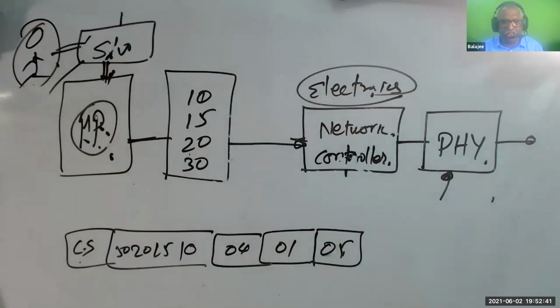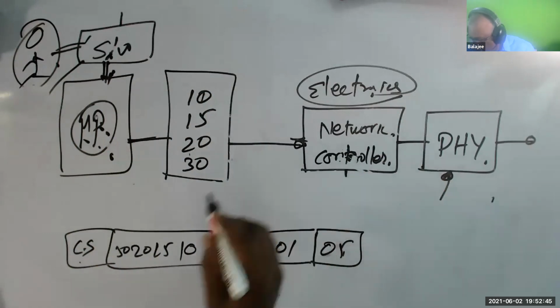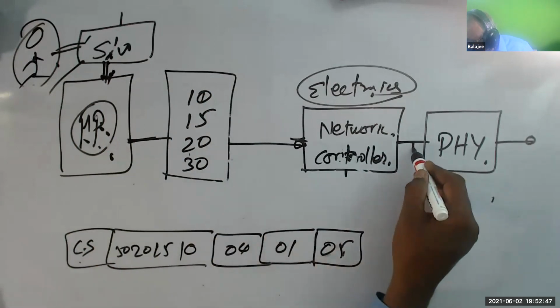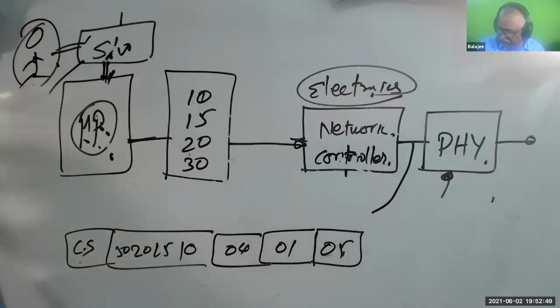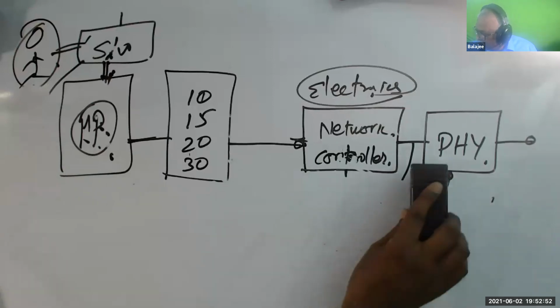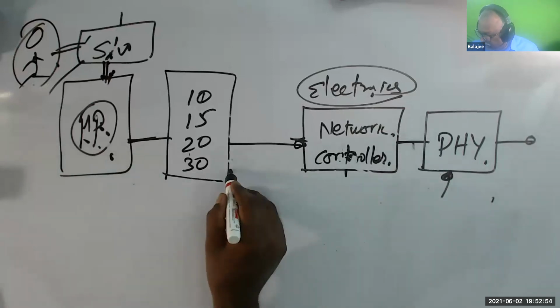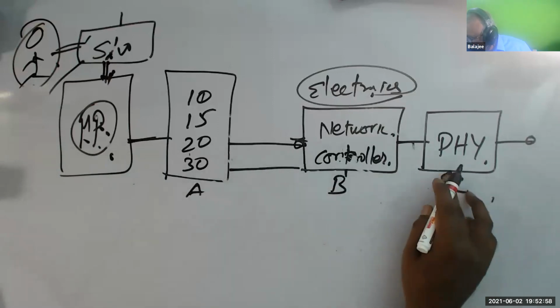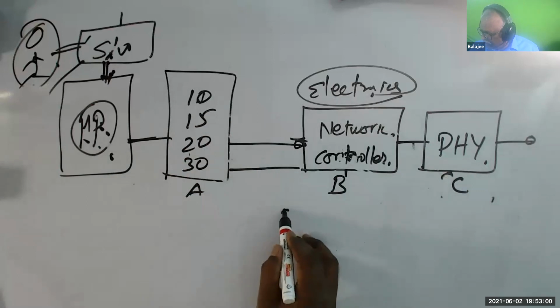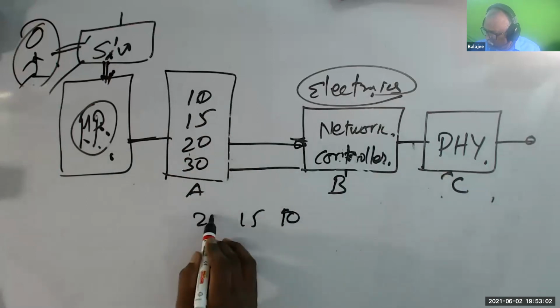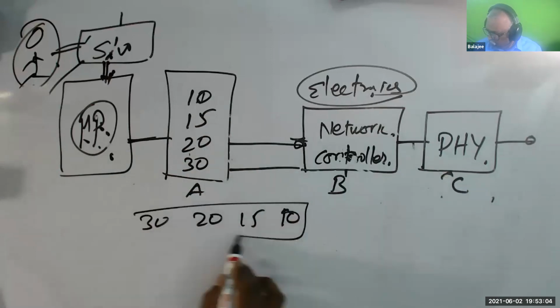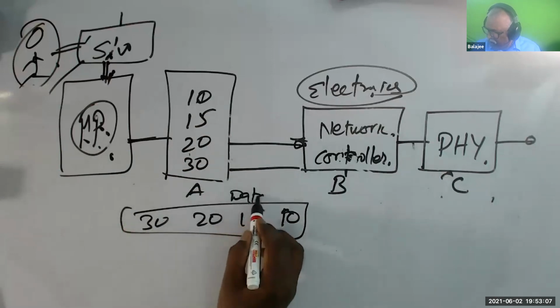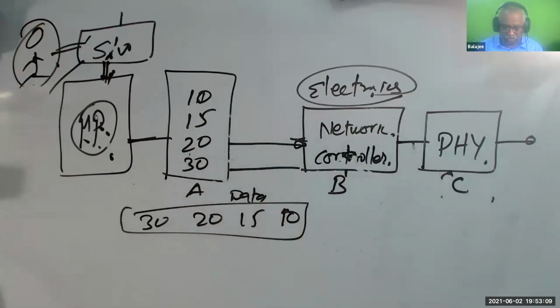But the same way, please understand the difference here. From this guy to this guy, let's say we call 3 people, A, B, C. When A gives 10, 15, 20, 30, this is what he is giving. He is giving data. A is giving data to the network controller.